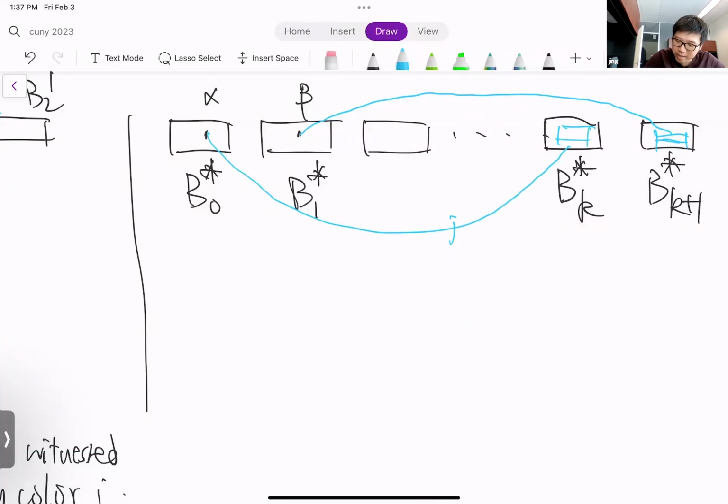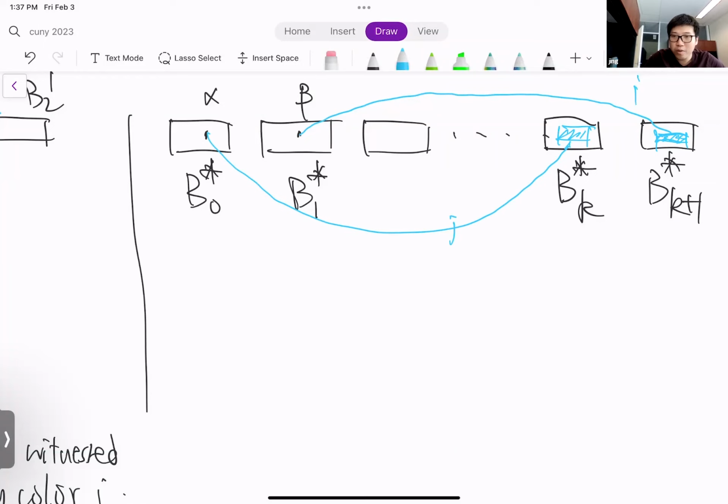By now you should probably know I'm a terrible guy to draw. In Bk star, there are positive many sets that have color I with alpha. And in Bk plus 1 star, there are positive many things that have color I with beta.